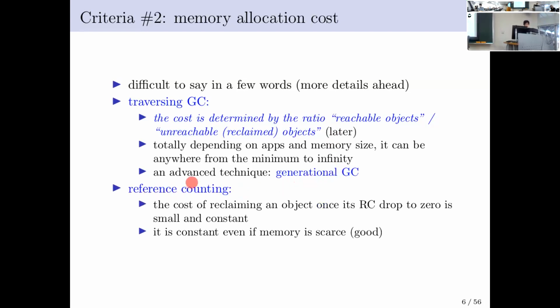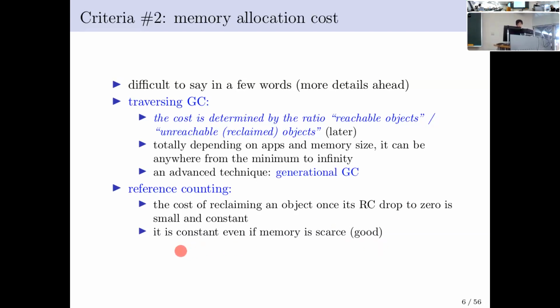And in the case of reference counting, the cost of reclaiming an object once its reference count drops to 0 is small and constant. It maintains the number of references to each object while the program is running, and once it identifies that a certain object has a reference count of 0, it immediately reclaims it. The cost is basically constant, and the reclaimed memory can be used for subsequent allocation.